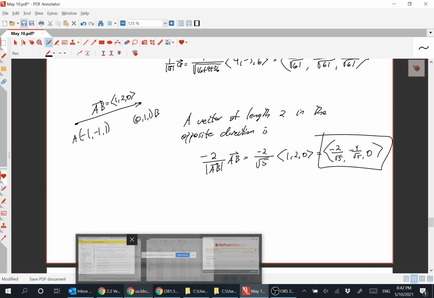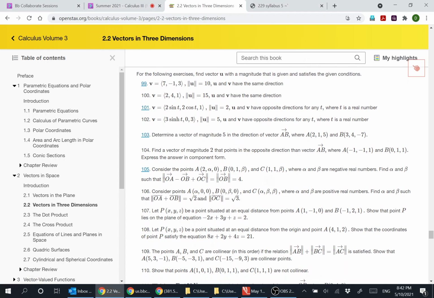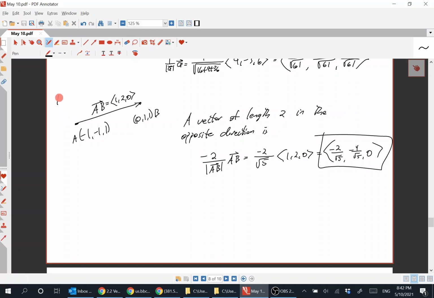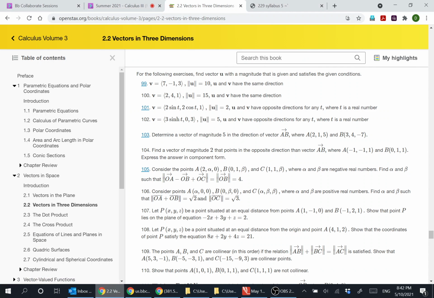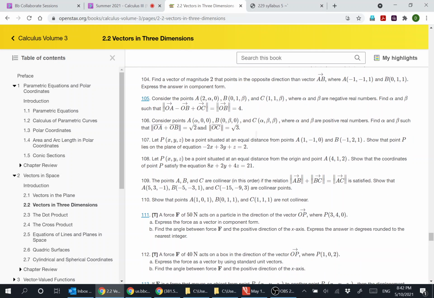104, 111, let's see, in just the last couple minutes here. Oh, that was 104. 111 and 113.